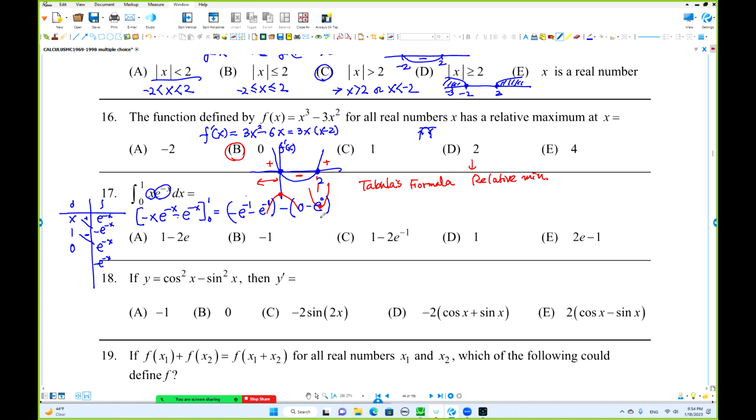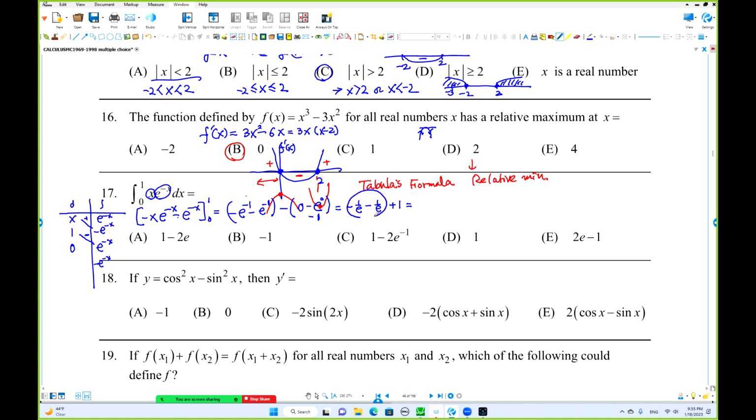Okay, now simplify this one. Negative e to the negative 1 minus e to the negative 1, what is that? Negative 1 over e, negative 1 over e, okay? Negative 1 over e minus 1 over e. And plus, this is 1, right? e to the 0 is 1, right? Minus minus is plus 1, isn't it?